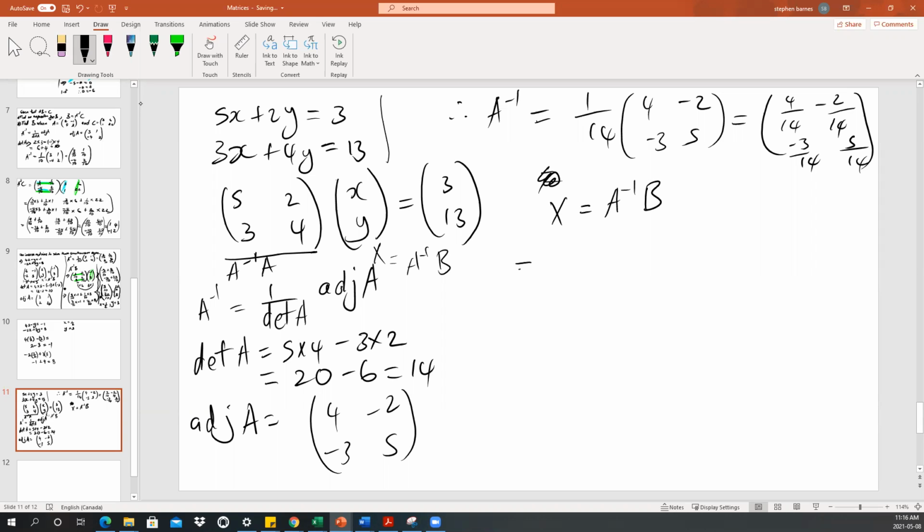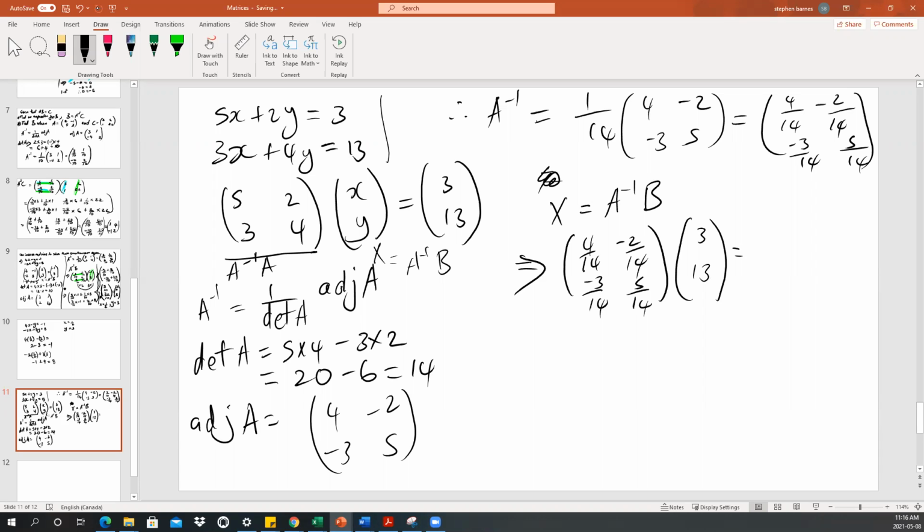So we're saying, all right, A inverse, 4 over 14, multiplied by 3, 13. I'll do some multiplication. Could probably hold here.